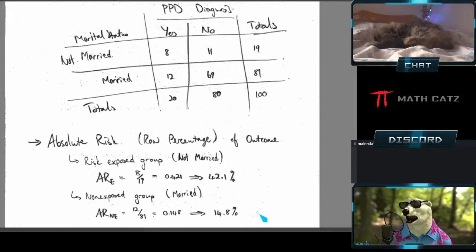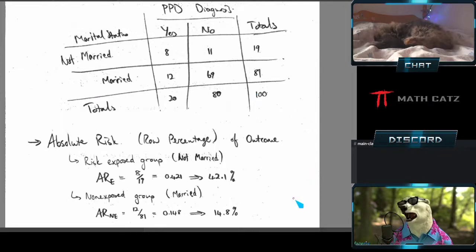Now, clearly, just from this, it should be quite obvious, assuming we can safely take these percentages as accurate estimates for the underlying probabilities, which we always will do. It's much more likely to get postpartum depression being not married versus being married.